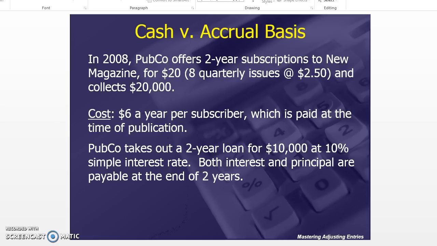So 1 year's worth of interest was $10,000, our principal, times 10%, our rate, times 1 year, our time. So 10% of $10,000 is $1,000. That's for year 1. They're going to repeat that and pay the same amount for year 2. Both interest and principal are payable at the end of 2 years.